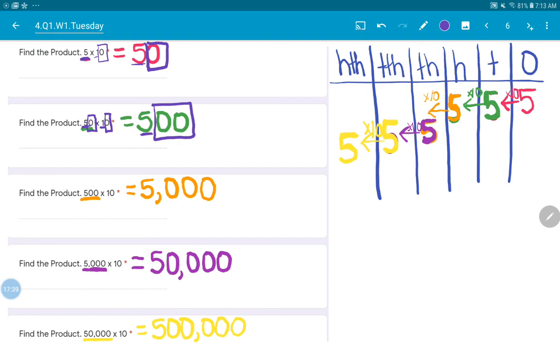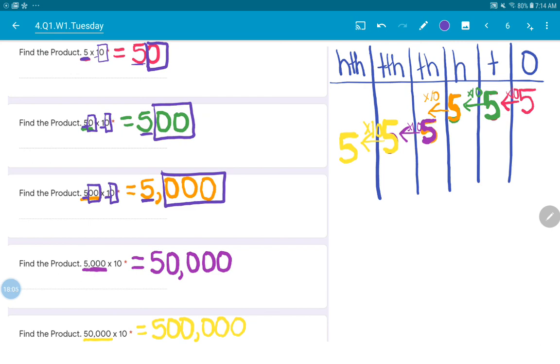Let's look at 500 times 10. 5 times 1 is 5. There's 2 zeros. And 1 more 0 makes 3. And if I look at my product, I have 3 zeros. Are you noticing a pattern here?